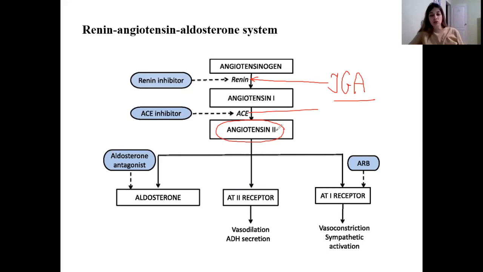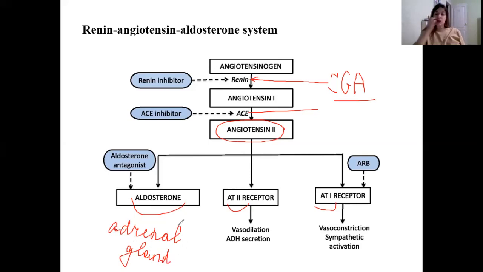Angiotensin 2 can do what? It can affect several types of receptors, AT1 receptor, AT2 receptor, and also it can affect the adrenal gland, the cortex of the adrenal gland, and finally, what we can see through the effects.